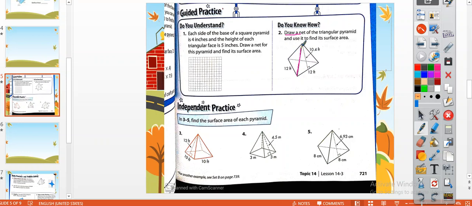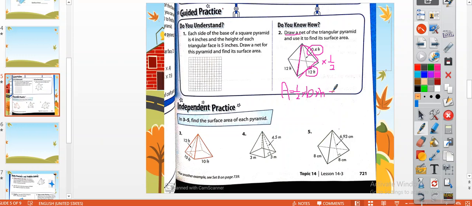For example, I have this side, so I will just calculate the area of this side by multiplying 10.4 by 12, then you multiply it by half. Why by half? Because the area of a triangle is half times base times height.